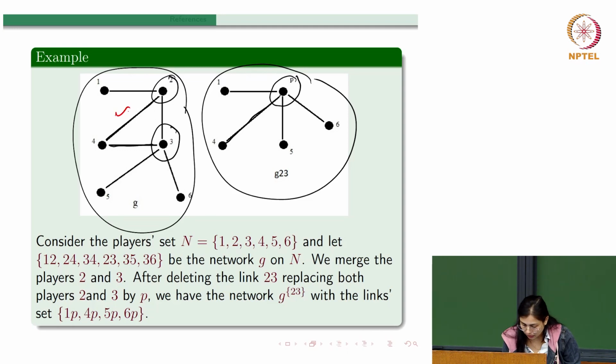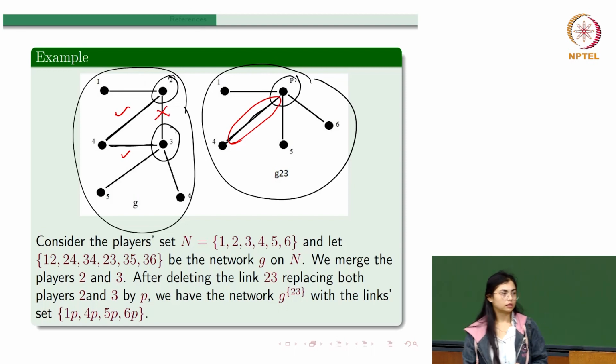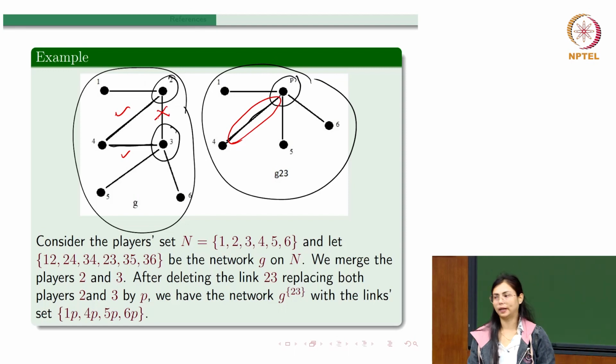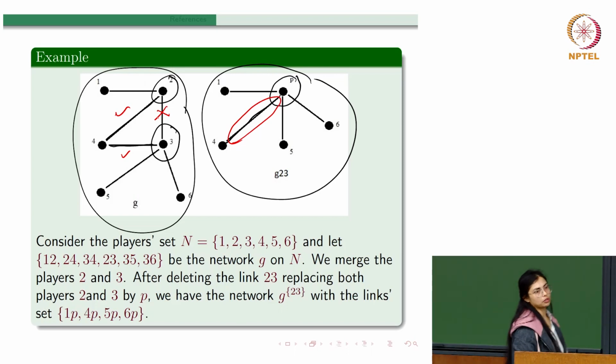So this link will become only one link, and we do not have this other link. This is how we merge two players, and after merging the players we will have a different network structure.